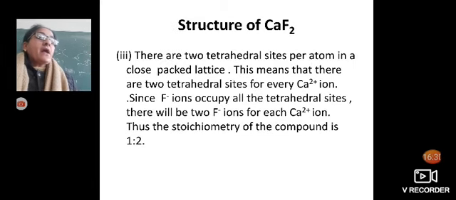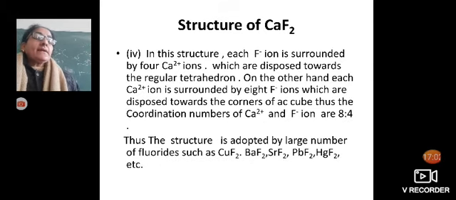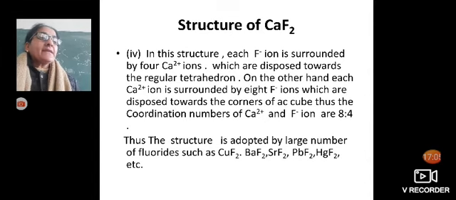Third point, there are 2 tetrahedral sites per atom in a close packed lattice. This means that there are 2 tetrahedral sites for every calcium ion. Since fluoride ions occupy all the tetrahedral sites, there will be 2 fluoride ions for each calcium ion. Thus, the stoichiometry of the compound is 1:2. Fourth point, in this structure each fluoride ion is surrounded by 4 calcium ions which are disposed toward the corners of a regular tetrahedron.